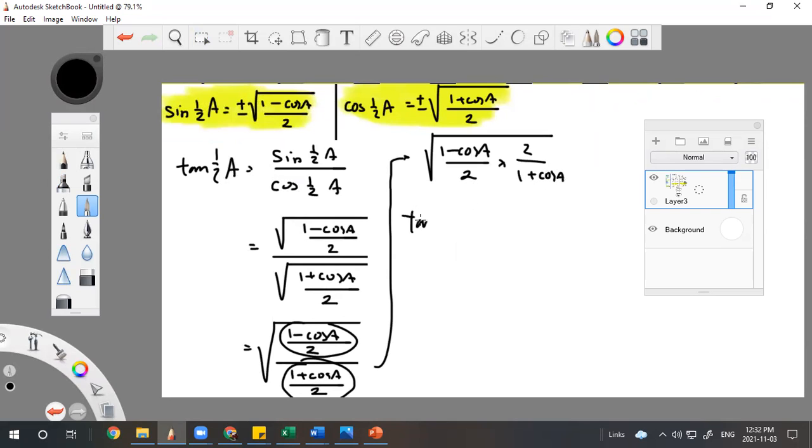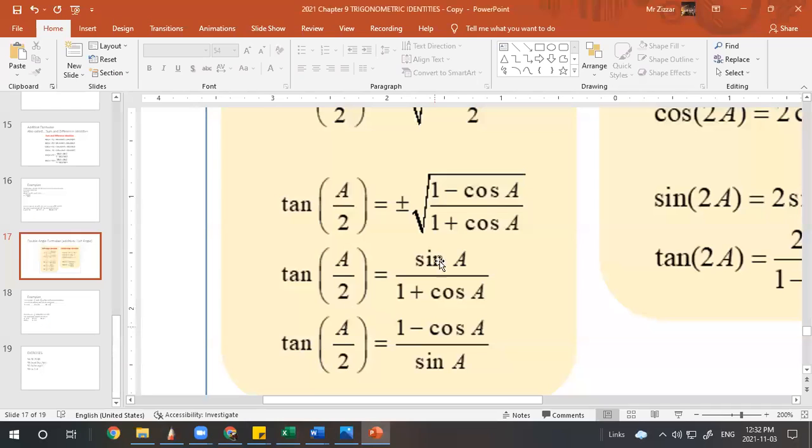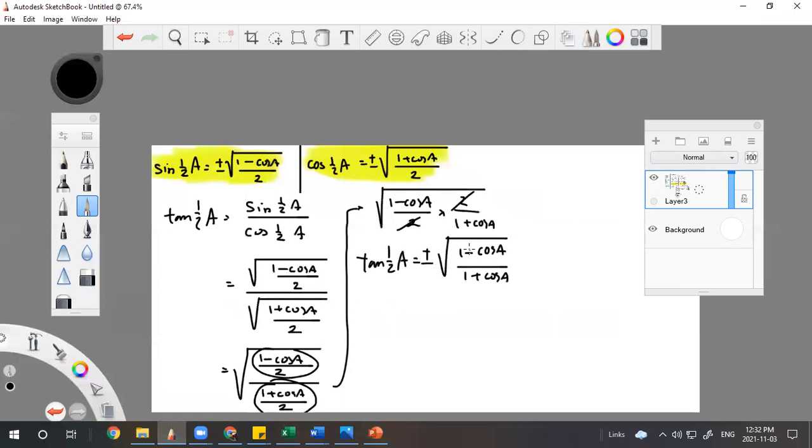So you can write tan half A equals square root of 1 minus cos A over 1 plus cos A, minus first then plus, that's how to remember it. And then how about the bottom one? Why can the bottom come out? Okay, I think I don't have enough space, so we already have the connection of sine, cos, and tangent, right? The half angle of tangent.